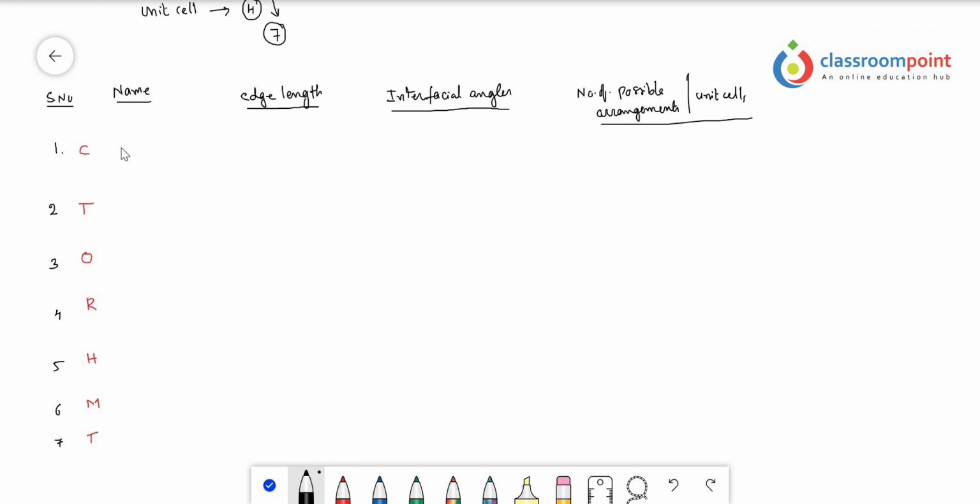C stands for cubic. Cubic means actually it is simple cubic. T stands for tetragonal. O stands for orthorhombic.